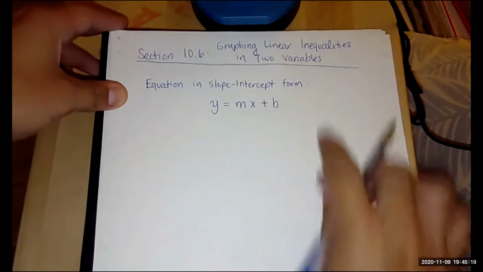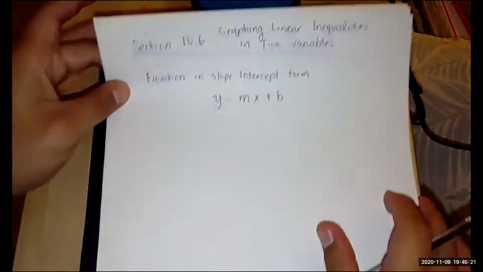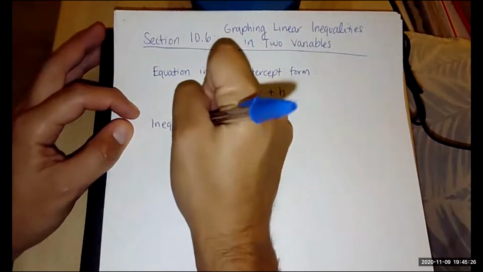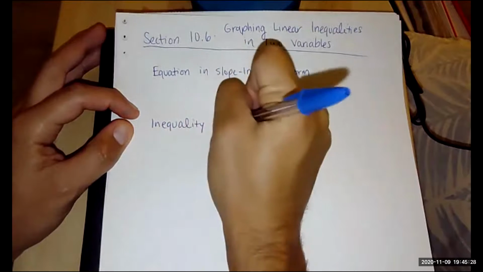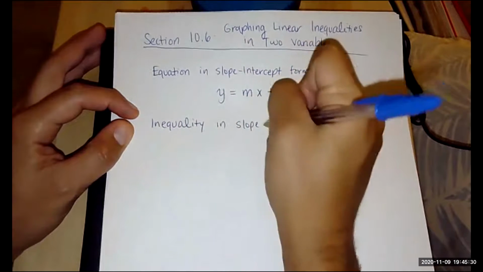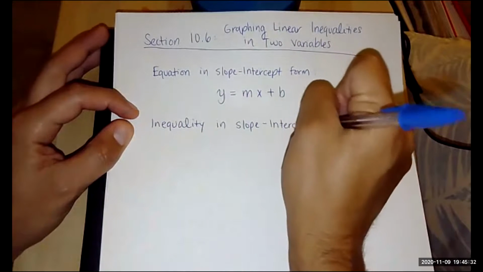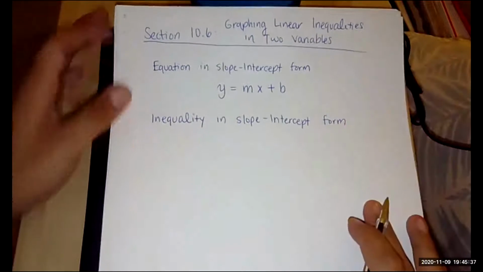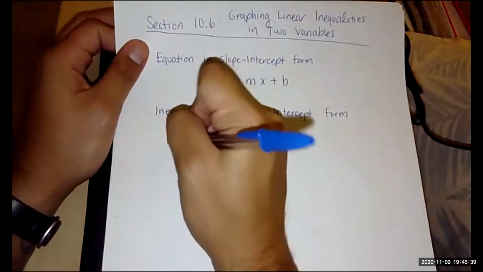Okay, but now we're going to be dealing with inequalities. So an inequality in slope-intercept form will look like one of these.